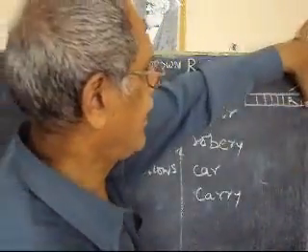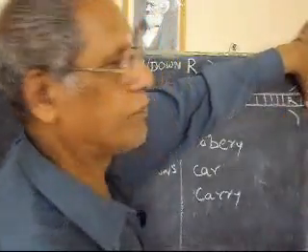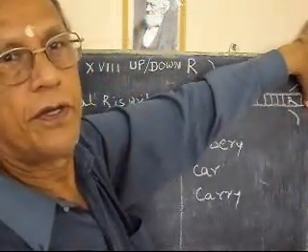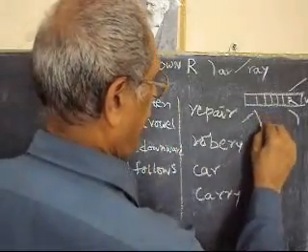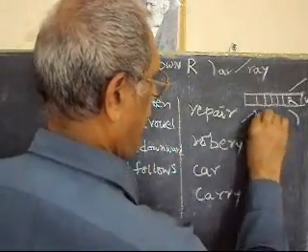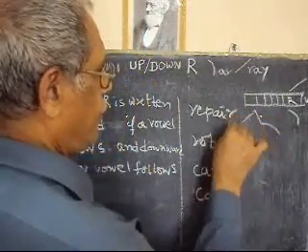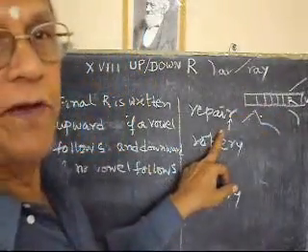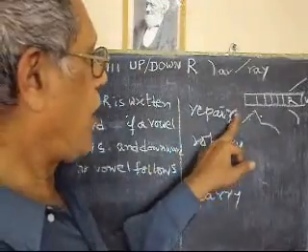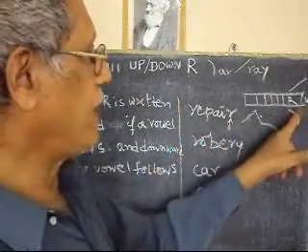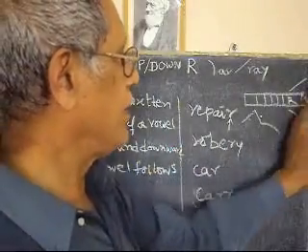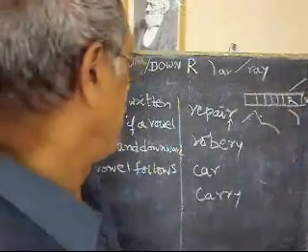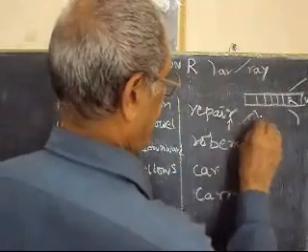If there is no vowel, then use the downward form. Repair. Here, this is the final consonant R. After that, there is no vowel. If there is no vowel, use the downward form. Repair.